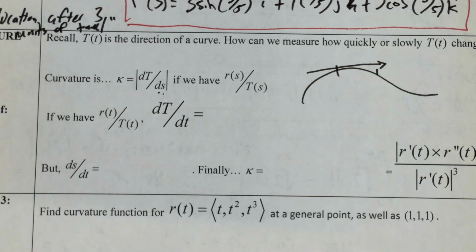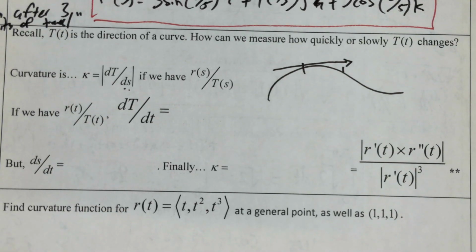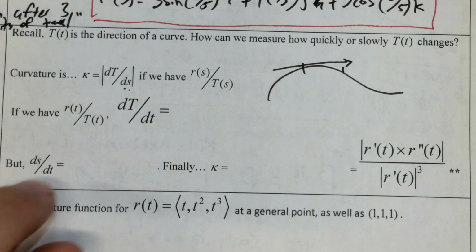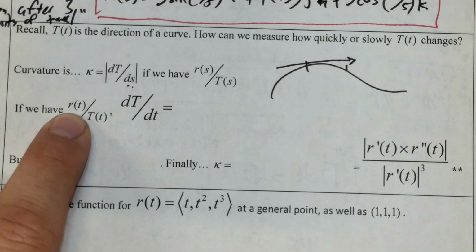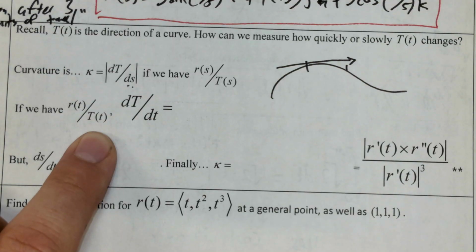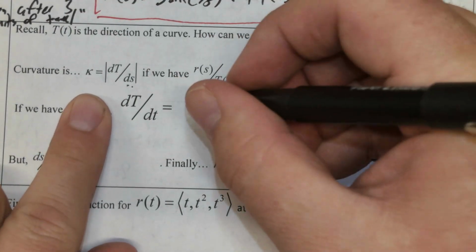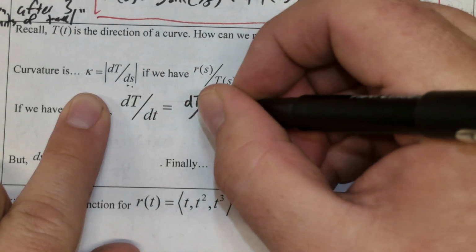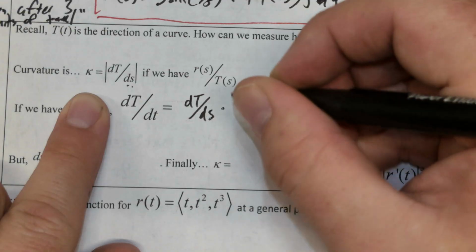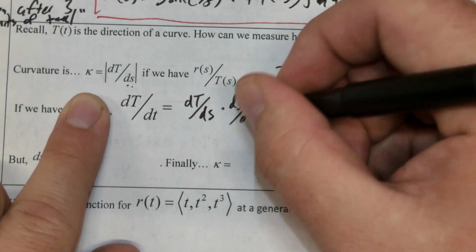How far along my curve, how far along my arc length am I going? So, which is what we've done in the past, sorry it lagged for a second, that means dT/dt would have to be dT/ds times ds/dt.